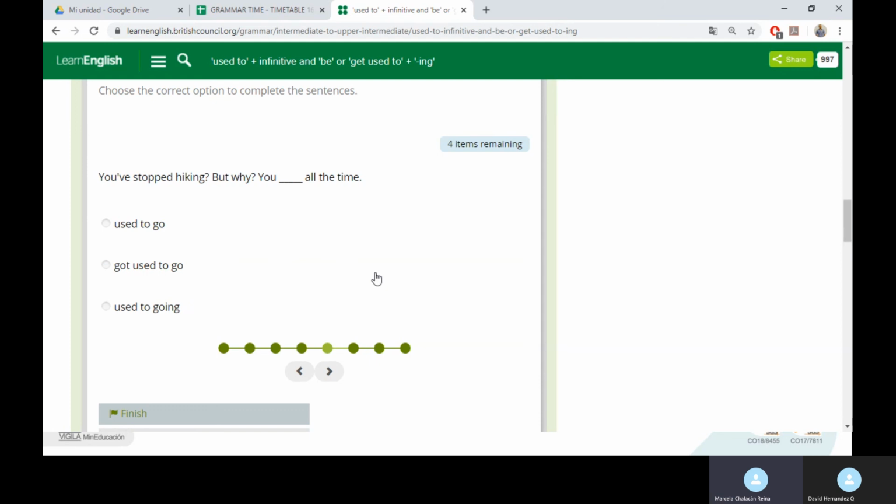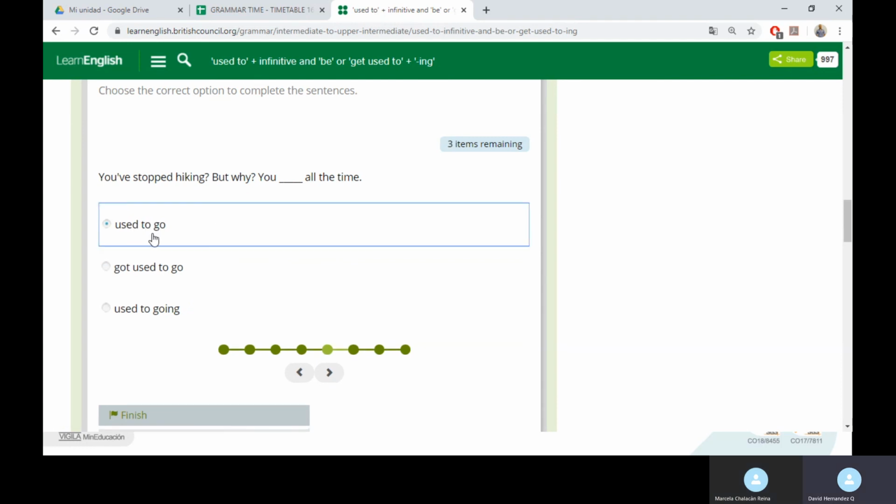The second, teacher. Okay, got used to go. I mean, remember that get and to be used to need the ing form. Do you see the ing form on the second option? No, teacher. Okay, so is it the option? So which one is left? Uh, you used to go. Yeah, you used to go.